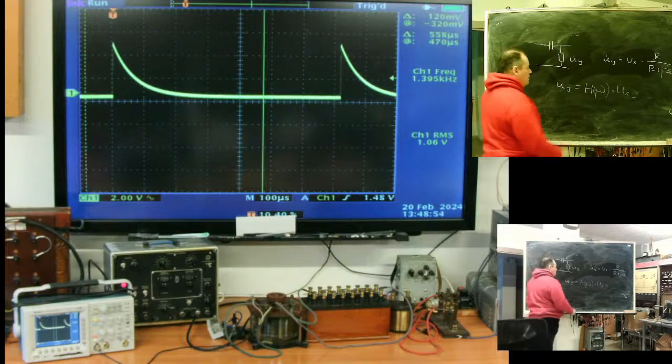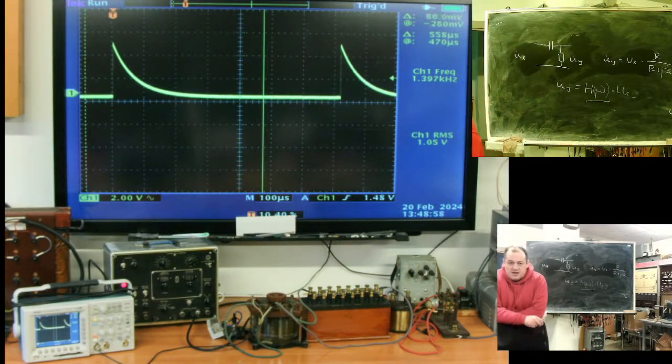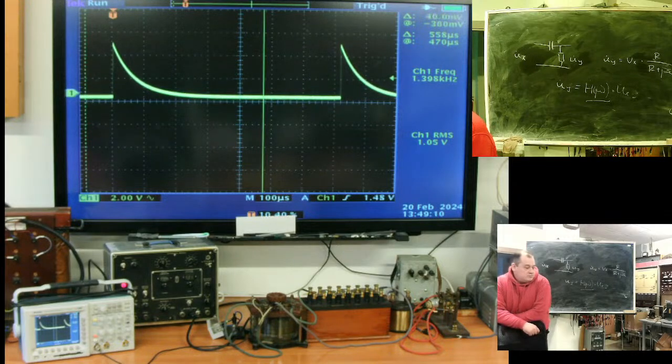Transfer function is a function of frequency. If I supply a function of frequency with something being a function of frequency, what will be the result? Something dependent on frequency. Looks okay, yeah?